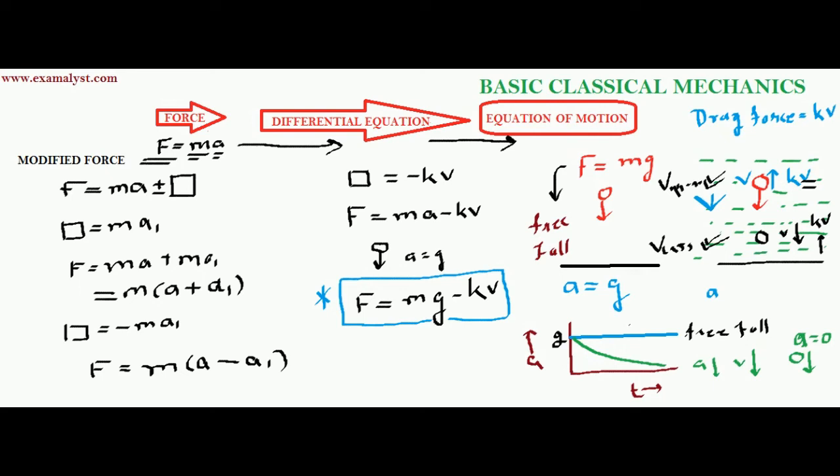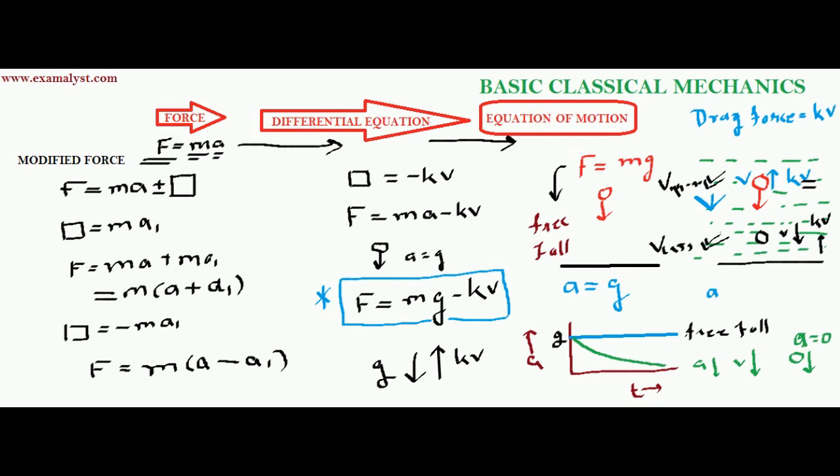Now, since we know that the drag force is equal to kv, and kv acts in a direction, you see the acceleration g is making the ball move downward, and the drag force kv is trying to stop the ball.